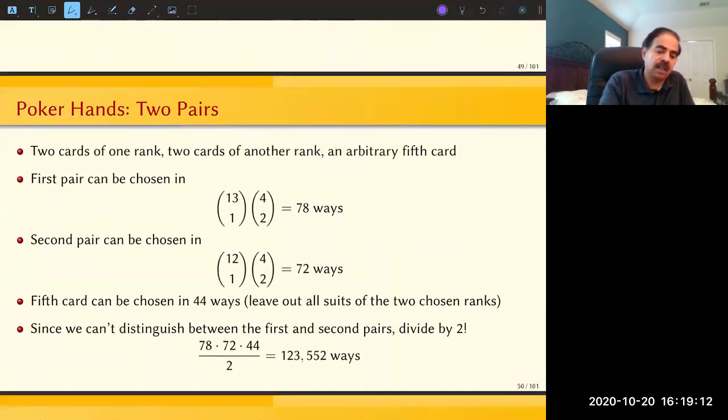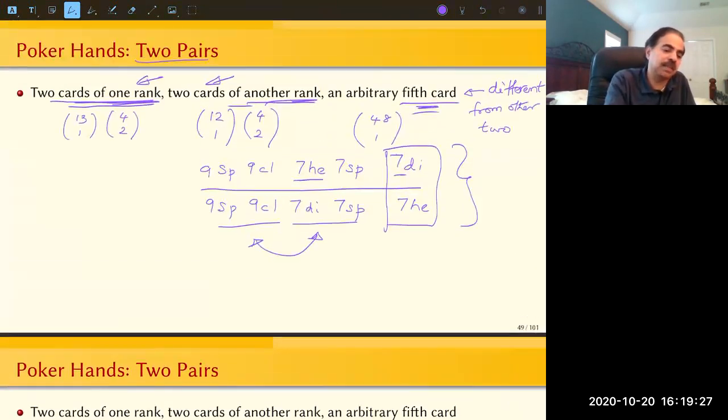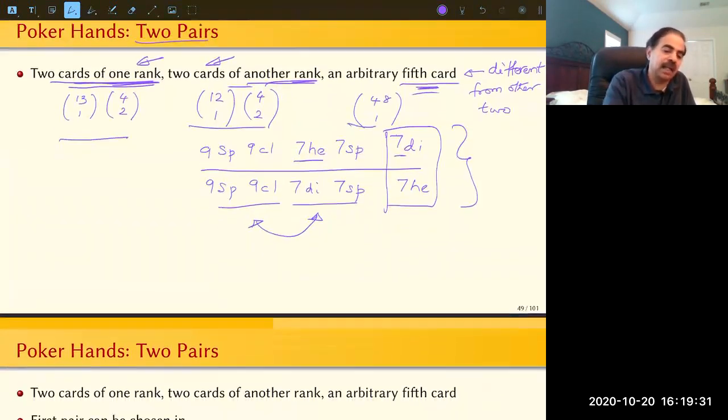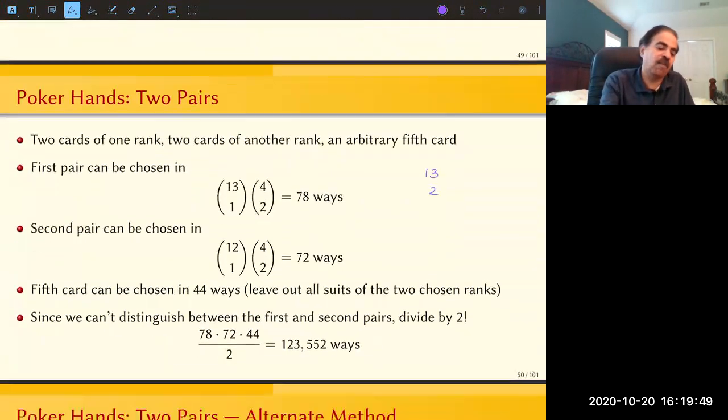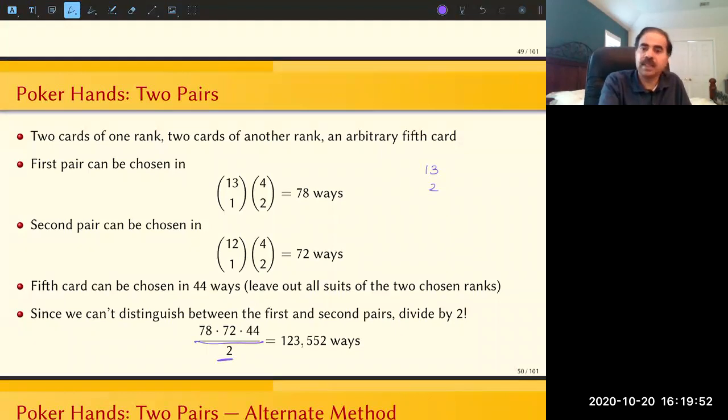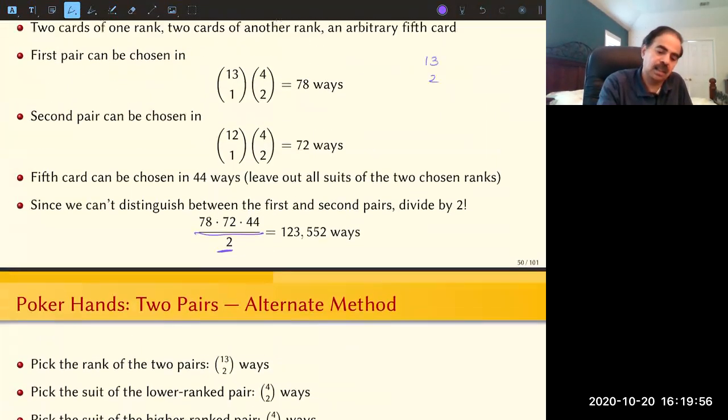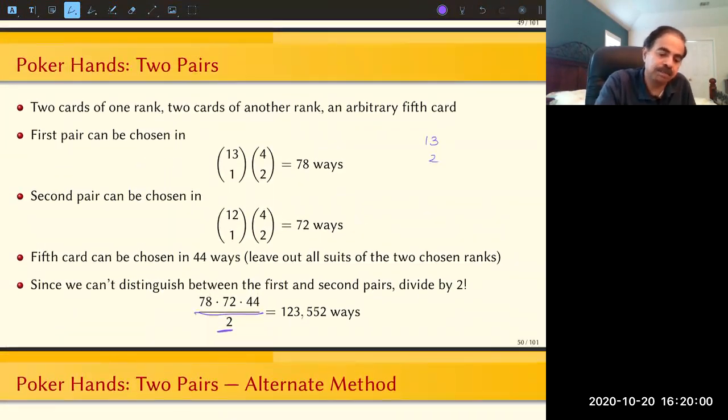Either we could have taken this as 13 choose 2, or we could have gone through the same calculation as we did, and then realize that we are double counting everything, because whatever we think of as the first pair could be counted as the second pair, and vice versa. So we are counting everything twice, and therefore we divide that number by 2. That gives you this number.